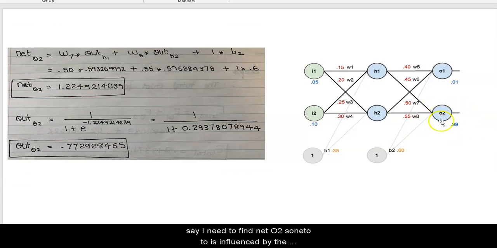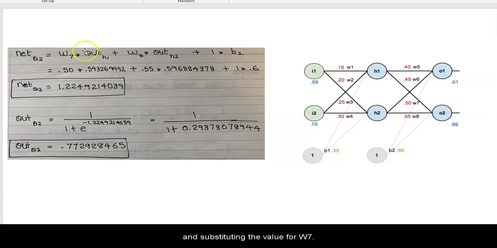So I need to find net O2. Net O2 is influenced by the weight W7, which is coming from H1. So W7 into out of H1 plus W8, which is coming from H2, so plus W8 into out of H2, and plus of course the bias B2. So this would be our equation.